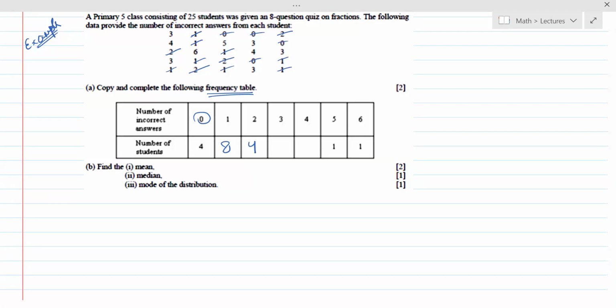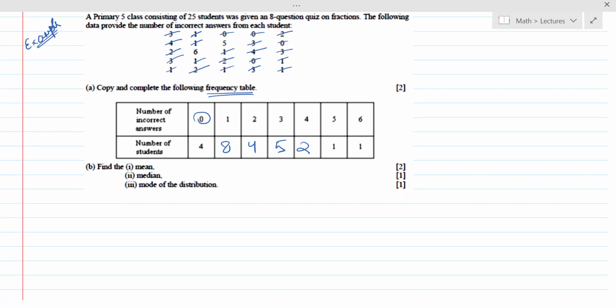Now for 3 incorrect answers: 1, 2, 3, 4, 5. 5 students gave 3 incorrect answers. Now 4: 1, 2, 2 only. 2 students gave 4 incorrect answers. This is how we always complete the frequency table when we have the data given in raw form.